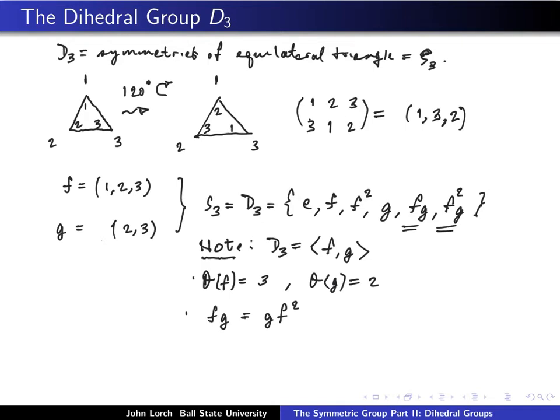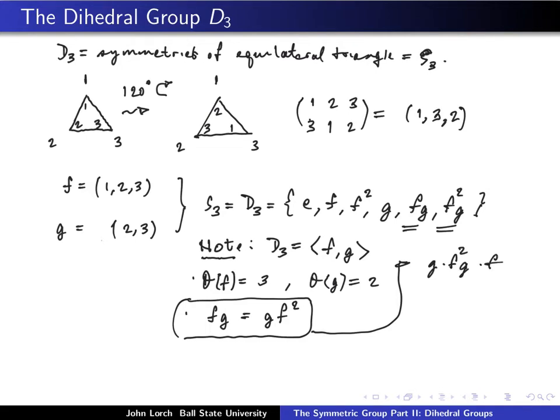And this latter observation is rather important because it tells us if someone were to hand me a jumble of F's and G's and were to tell me to multiply them together, this would give me a way of moving all of the F's past the G's. For instance, let's compute a product. Let's take, say, G times F squared G times F, and see what that should be.